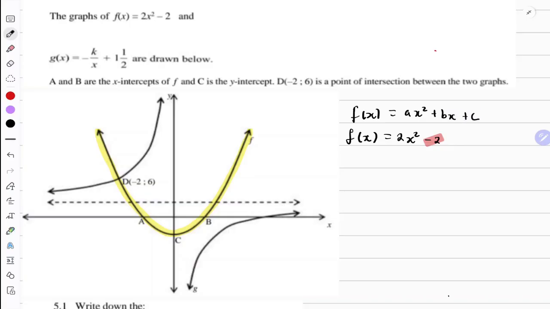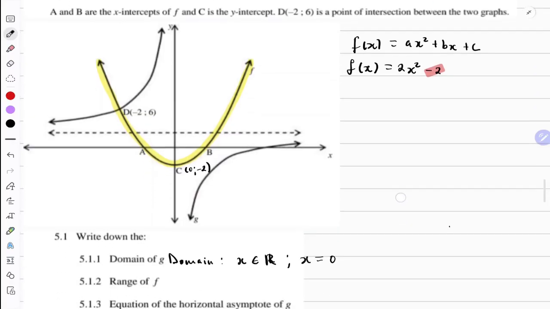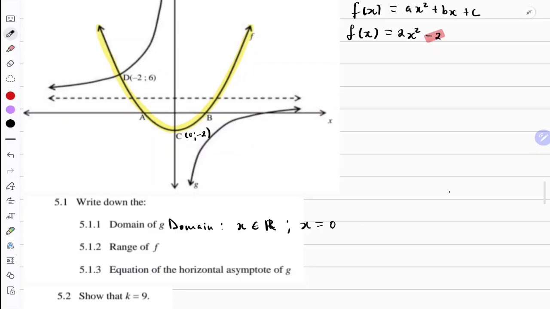For the given equation, your bx doesn't exist, but your c is negative 2. The constant is always the y-intercept. So it means the coordinates of c are 0 and negative 2. So therefore we can say our range should be y is greater than or equal to negative 2.